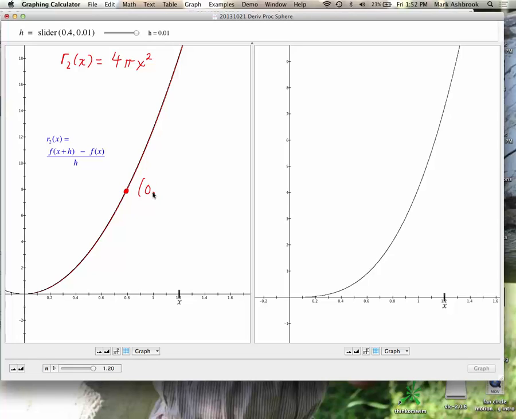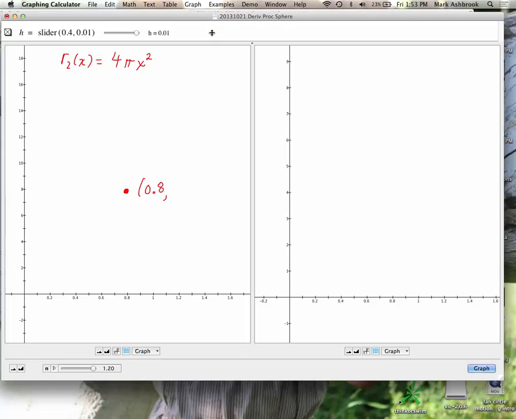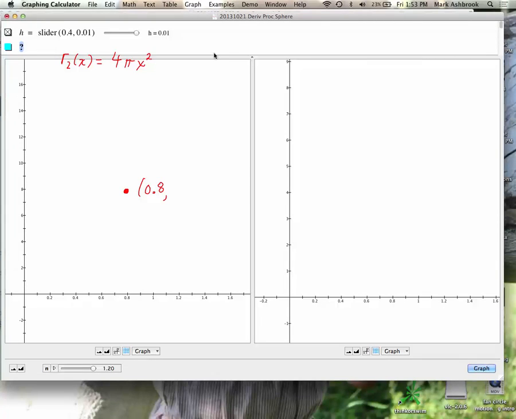How would you find the exact value of the rate of change at 0.8? We can just stick it right in there, and we get 4 pi times 0.8 squared, which is 8.042.